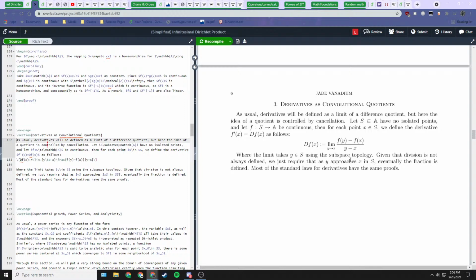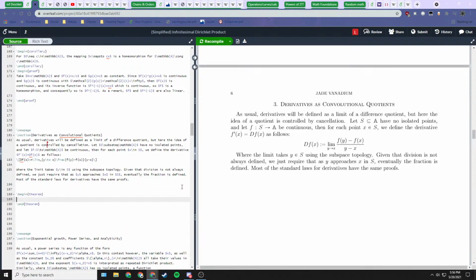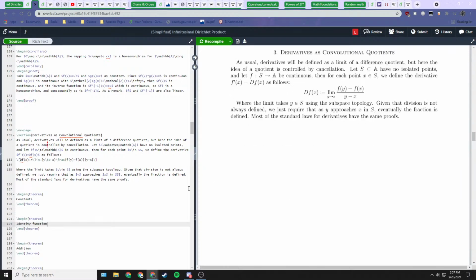So we'll just get restarted here. We want several theorems for all these laws. We want a theorem for addition, a theorem for the product rule, and a theorem for some other simple functions, like derivatives of constants and derivatives of polynomials: constants, the identity function.